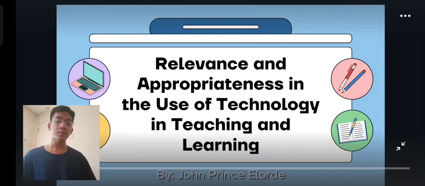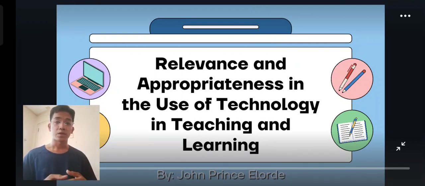I'm going to discuss the remaining relevance and appropriateness in the use of technology in teaching and learning in terms of selecting instructional materials. As future educators, it is very important that we select the appropriate and relevant instructional materials when we are teaching, especially since we are now living in the 21st century.